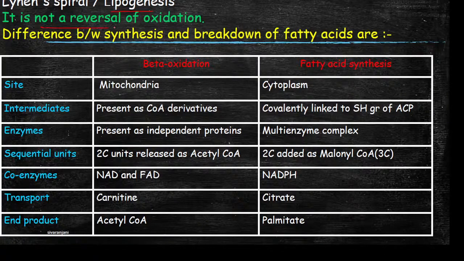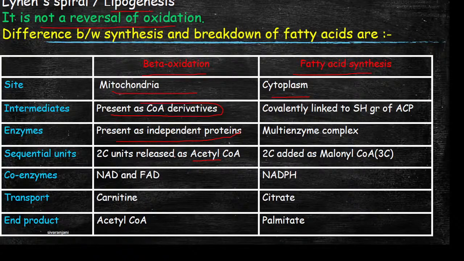This is not a reversal of beta oxidation. Beta oxidation is catabolism, and fatty acid synthesis is anabolism. So we will look into the differences between them. Beta oxidation occurs in mitochondria, and fatty acid synthesis occurs in cytoplasm. In beta oxidation, the intermediates are present as coenzyme A derivatives, the enzymes are present as independent proteins, and 2 carbon units are released as acetyl-CoA.